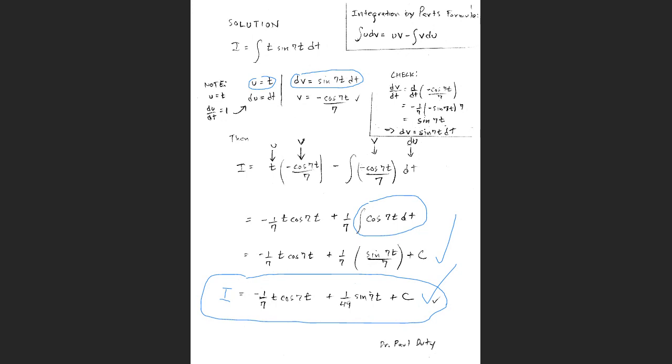Okay, are there any questions? Susanna? Yes, you mentioned it briefly, but how can we be sure that substitution wouldn't work? How do we know that substitution is not relevant? Well, in this problem, your integrand was the product of two very dissimilar functions, t and the sine of 7t.